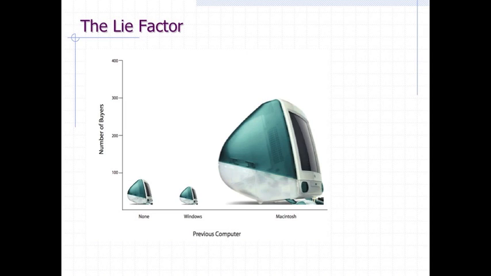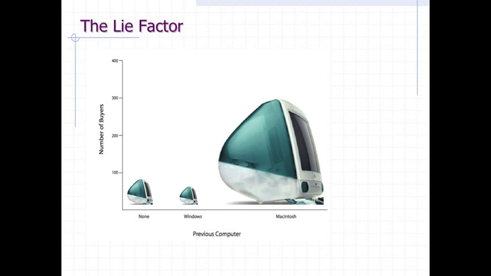In terms of percentages, the ratio of previous Macintosh owners to previous Windows owners is about 6 to 1. But the ratio of the two areas in this figure is about 35 to 1. A biased person wishing to hide the fact that many Windows owners purchased iMacs would be tempted to use this figure rather than the simple bar chart.